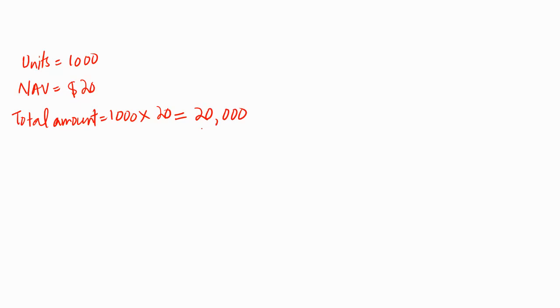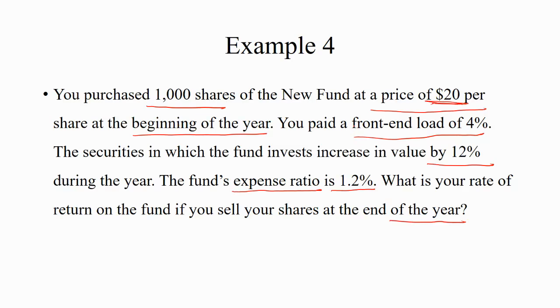So this is the amount which will be invested by the RIC in different securities. However, we have to pay actually more than 20,000 because the question says there is a front-end load of 4%. That means first we need to find the offering price per share.